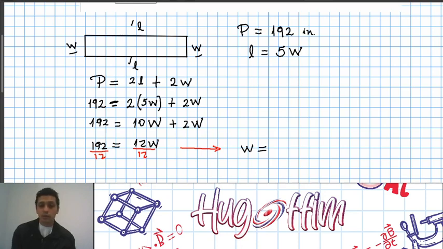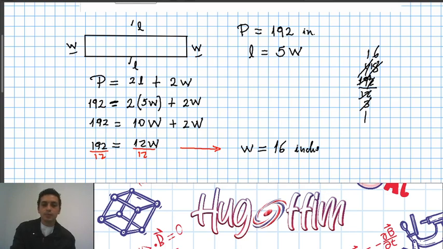I'm going to do it step by step because I don't want to make a mistake. I'm going to apply simplifying the fraction. If I divide by 4, it's going to be 48 over 3. Now I'm going to get the third part. The third part of 48 is 16. So it will be 16.